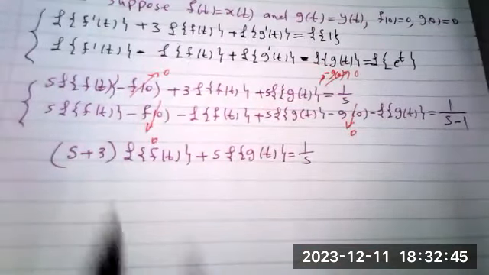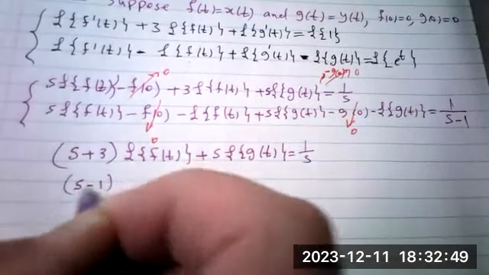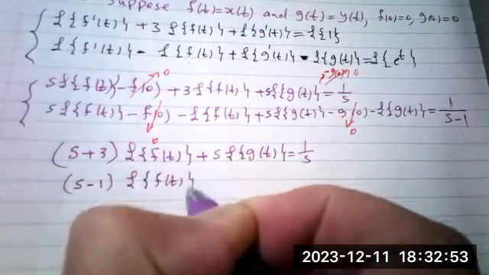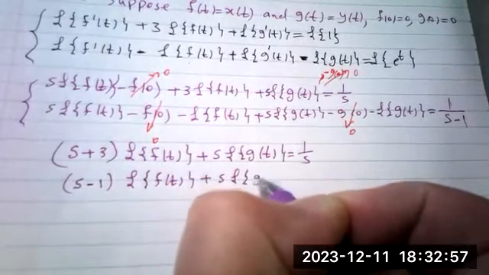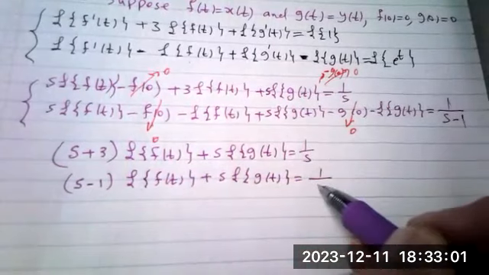The second one would be s minus 1 times Laplace of f of t, and again you have the s Laplace of g of t, this time equal to 1 over s minus 1.